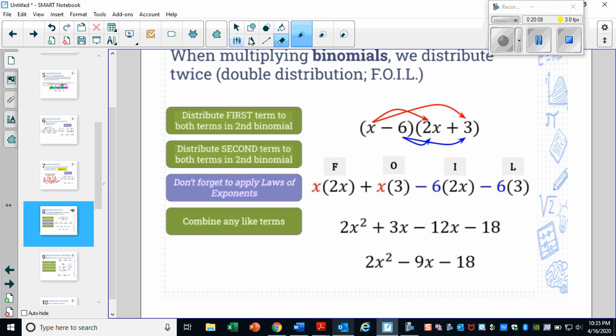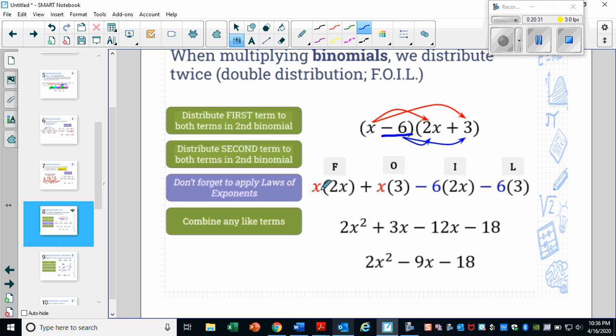Similarly for the second term, you give the negative 6. So you do have to include that negative with the 6. That's why I'm underlining it here. So we see that it's negative 6, not 6, negative 6 times 2x and negative 6 times positive 3.